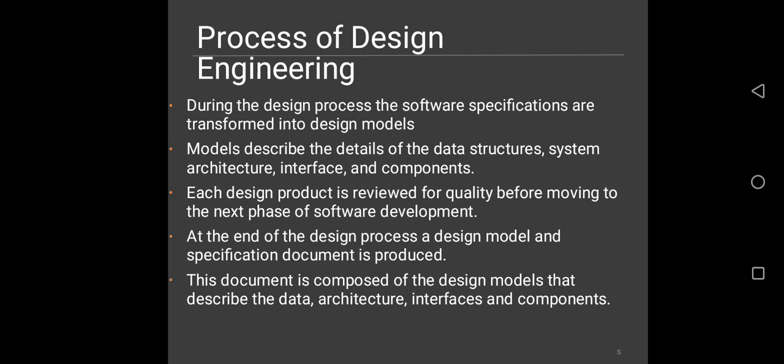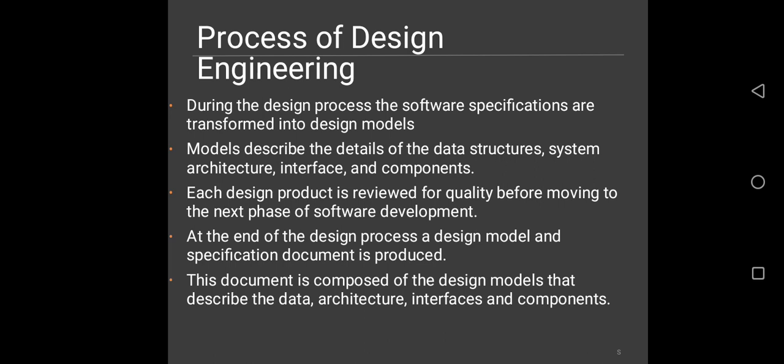Once a requirement is translated into the right models, then only we can move on to the next phase, that is coding. At the end of the design process, a design model and a specification document are produced. Once the models are developed, finally the design activity is terminated.